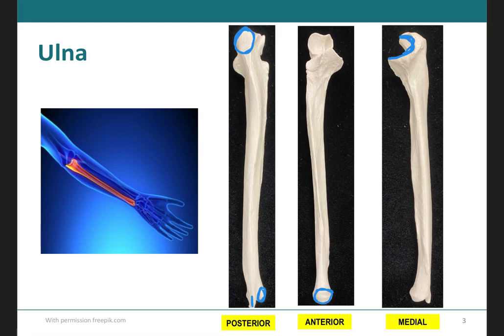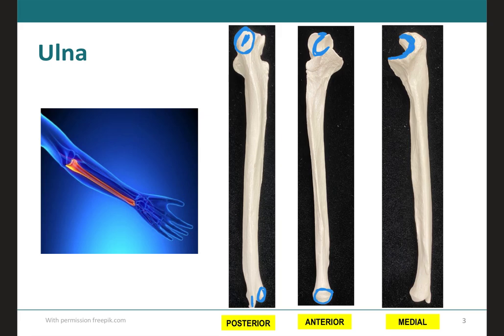And also on the proximal end, we can see a few more bone features. So up here we can see a little bit of the olecranon, but it's better seen in a posterior view. This U part of the ulna will be what we call the trochlear notch, which can better be seen over here on the medial view.